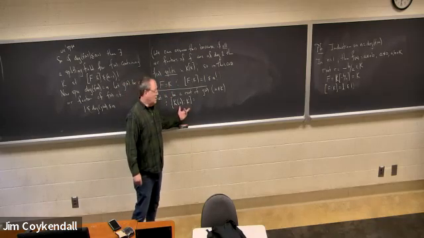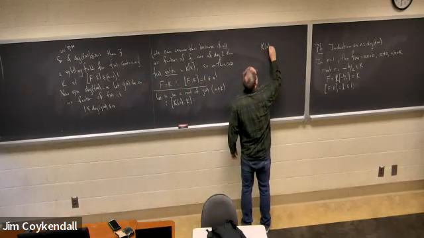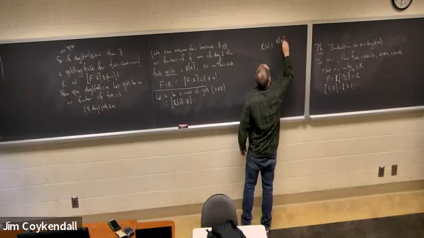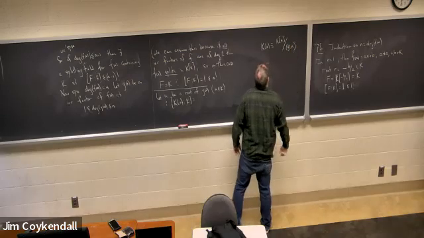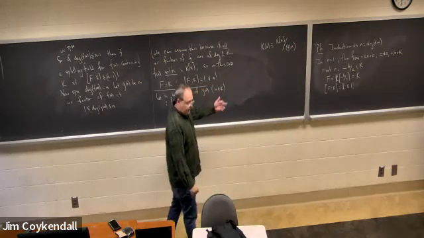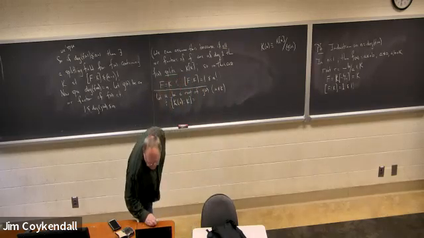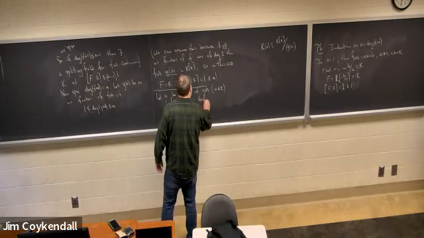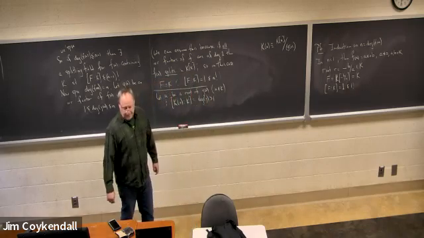K(u) is adjoining the root of g, and that degree is bigger than one.